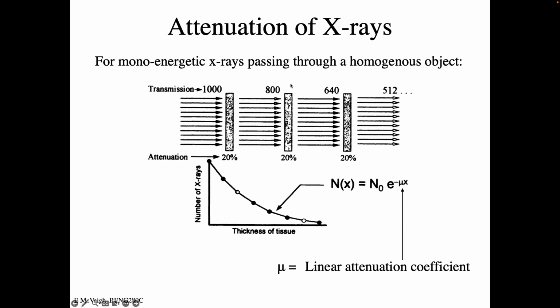And so the spectrum at each step changes, and it starts shifting towards a higher mean value of energy. But we're actually going to ignore that for the most part. Unless you have something that is highly attenuating or causes this beam hardening, as it's called, such as a lot of X-ray contrast dye, most of the time you can ignore the effect.